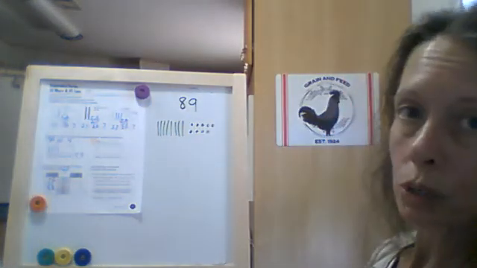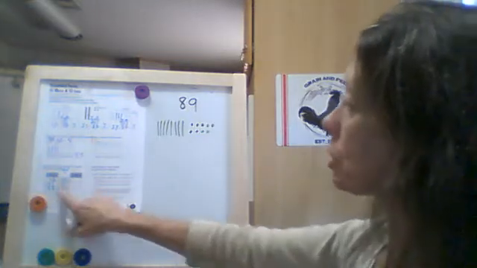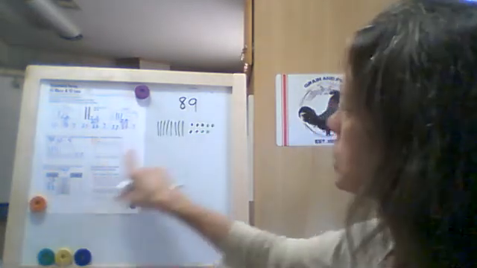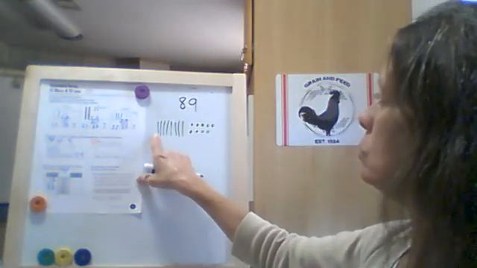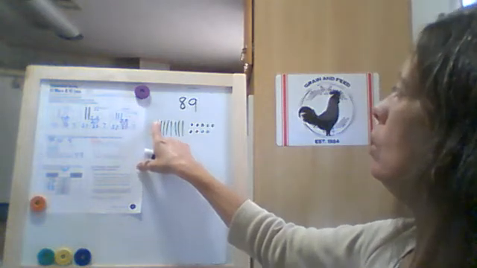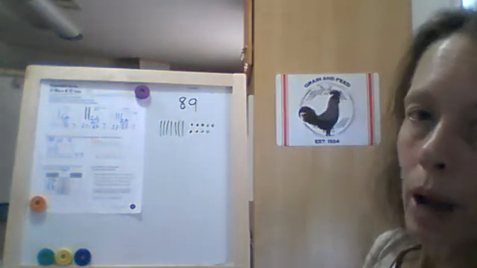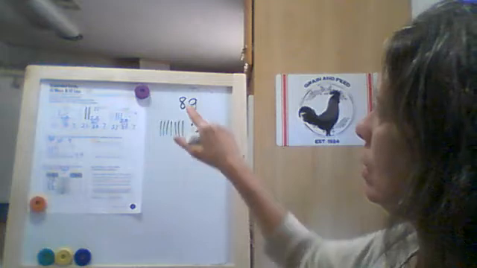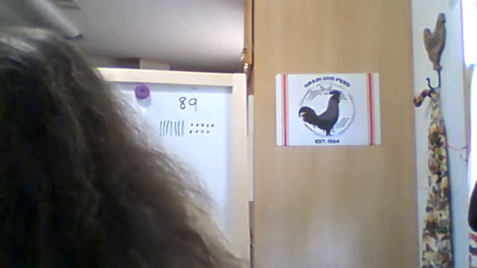And what if I took one away? I took 10 away, so I'm taking a whole stick. There we go. Now how many sticks do I have? 8 minus 1 stick is 7 sticks. 7 sticks and 9 spots because my spots haven't changed.